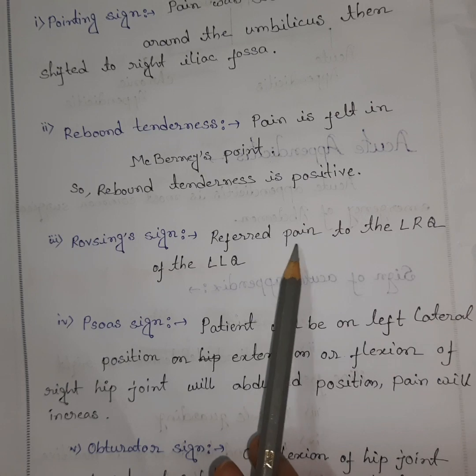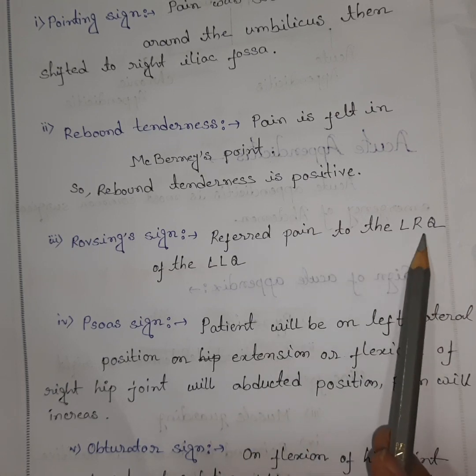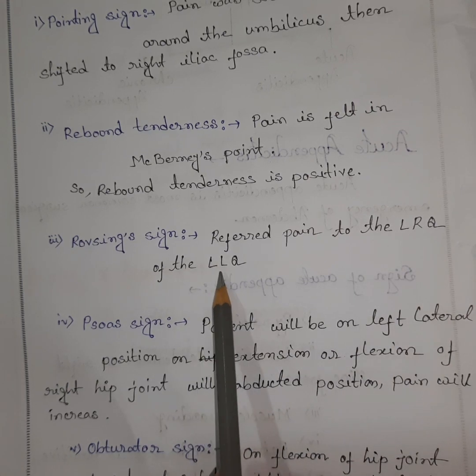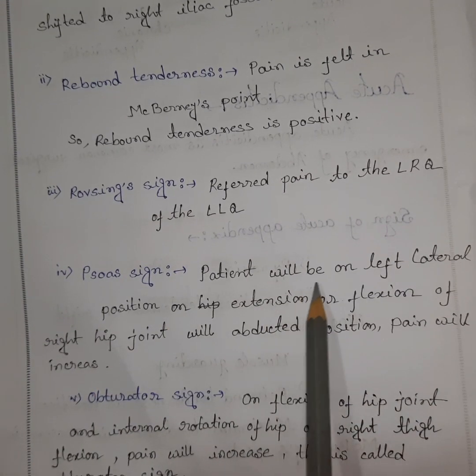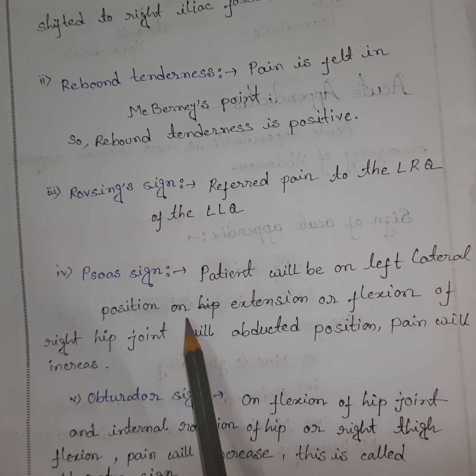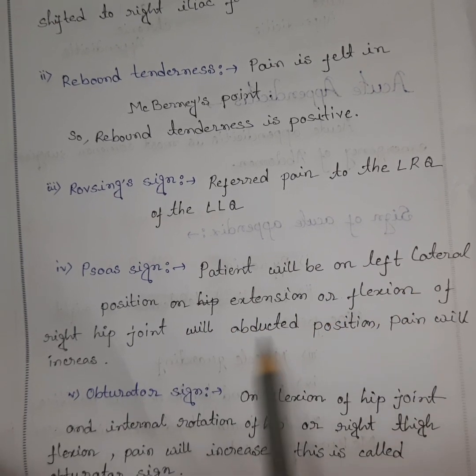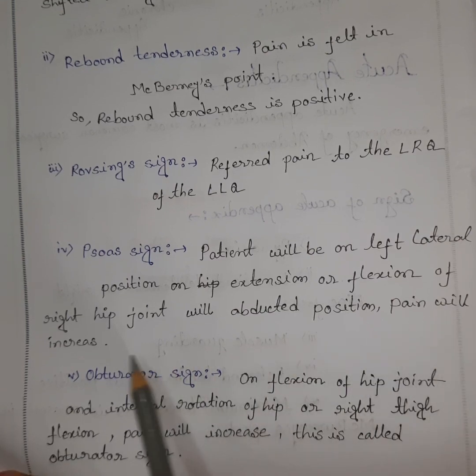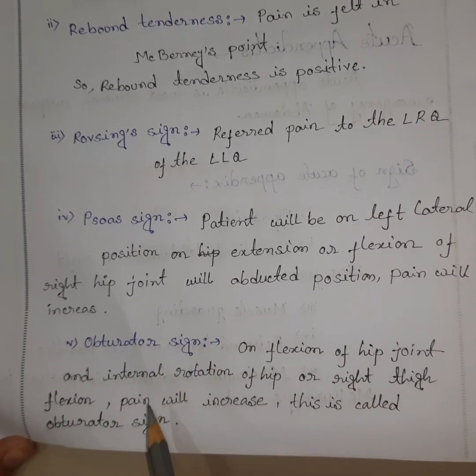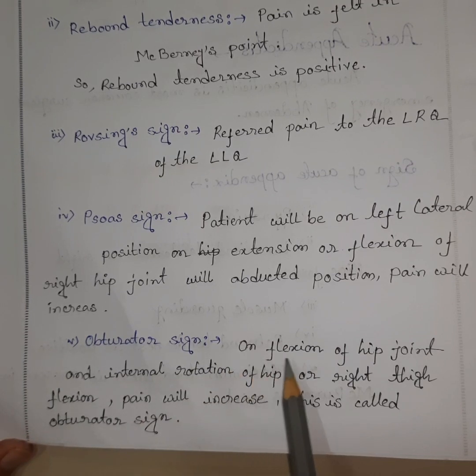Rovsing sign: pressure on the left lower quadrant refers pain to the right lower quadrant. Psoas sign: the patient lies on the left lateral position, and on extension of the right hip joint pain increases. Obturator sign: on flexion of the hip joint and internal rotation of the right thigh, pain will increase. This is called the obturator sign.